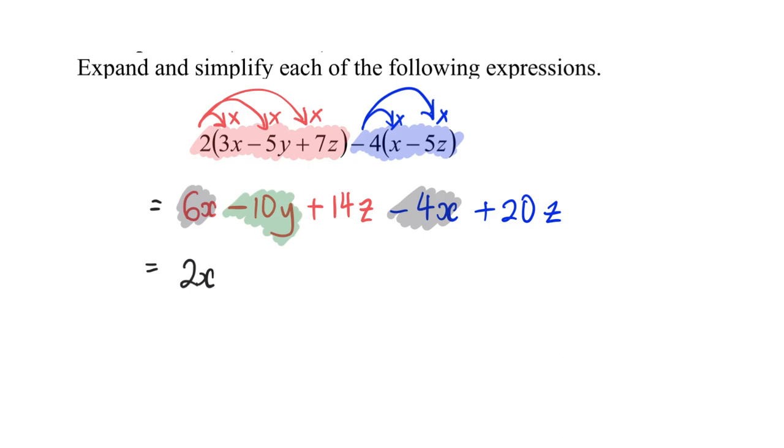No. So that is the only term with variable y. And last, we are going to look at all the terms with variable z, and we are going to simplify this. That will give me positive 34z. And we have come to the end of this part.